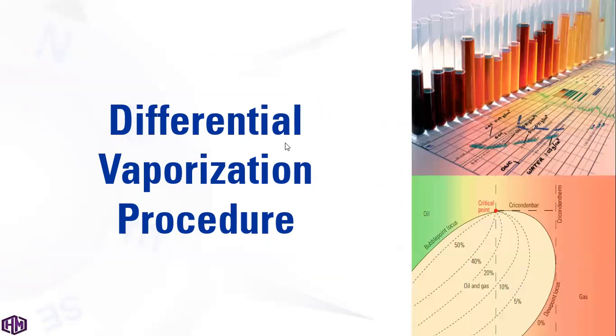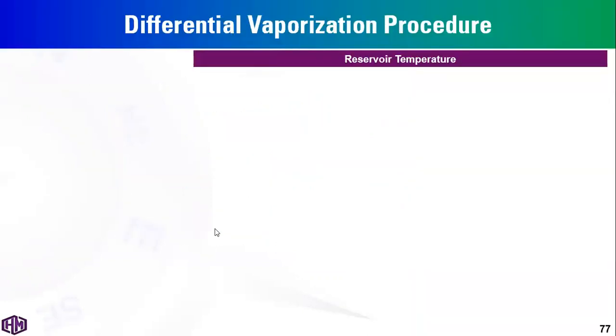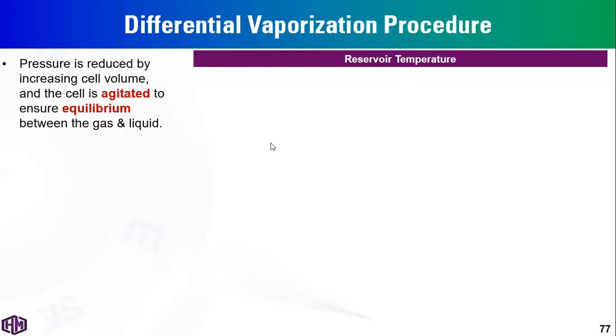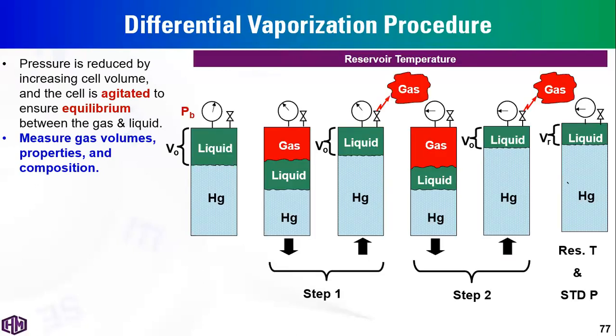Second important experiment is DV, or differential vaporization. Simply, once the bubble point or saturation pressure is identified using the flash or CCE experiment, the same concept is to keep the temperature constant at the reservoir temperature, as an isothermal system. Start from the bubble point and measure oil volume.